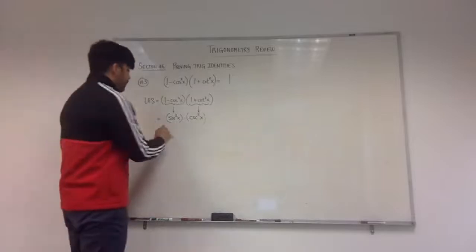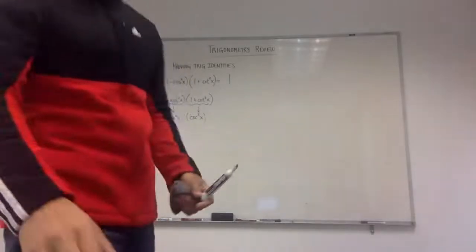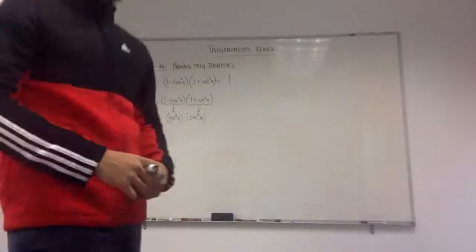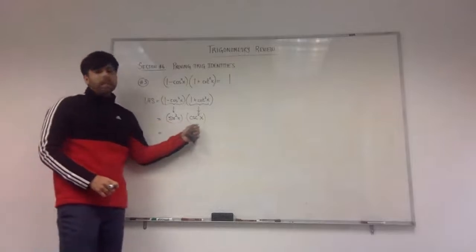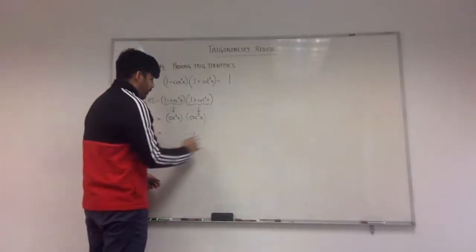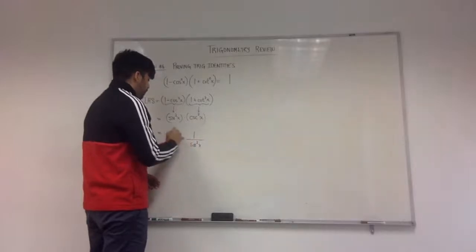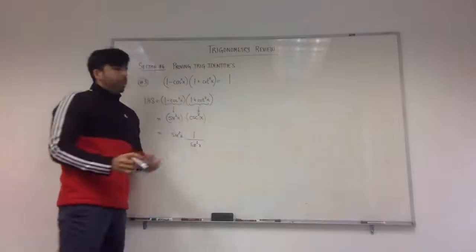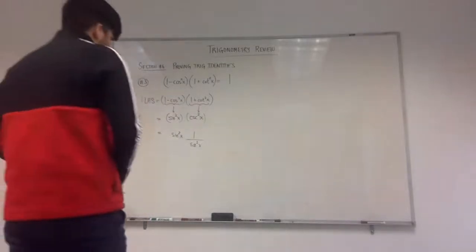Now, cosecant squared x and sine squared x, how are they related? Well, the nice thing is that I can rewrite this as 1 over sine squared x times sine squared x. Cosecant squared is the reciprocal of sine squared.